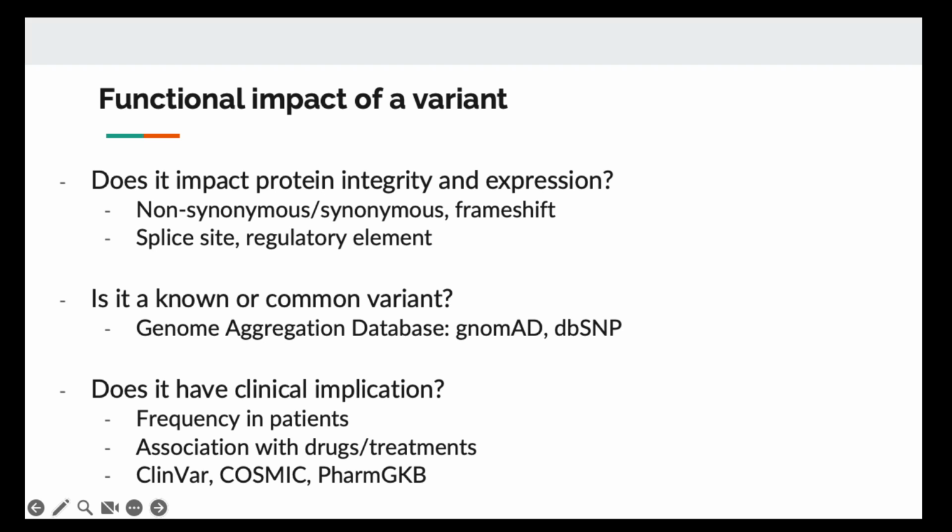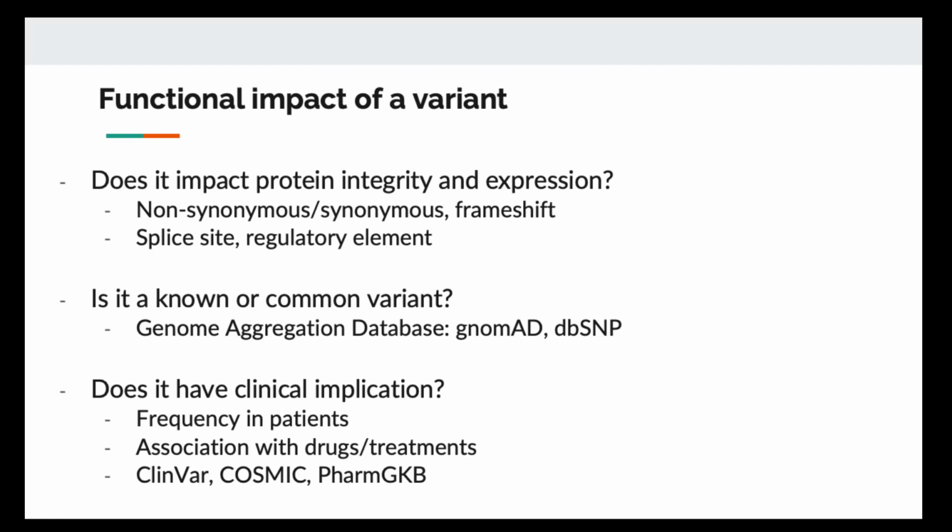And then for clinical application, they want to know if these mutations have any clinical application or not, and not necessarily whether it's linked to the disease. Sometimes we want to know if a certain mutation is linked to good treatment response. In certain cancers, having a certain mutation might mean that a certain drug will become more effective or less effective.